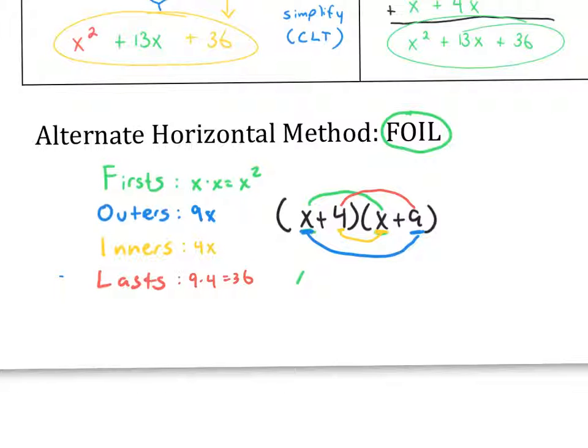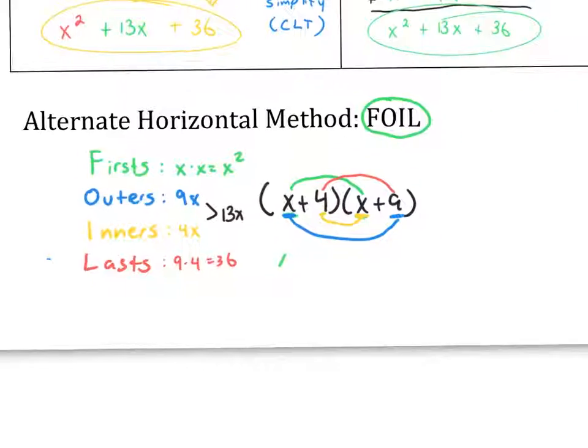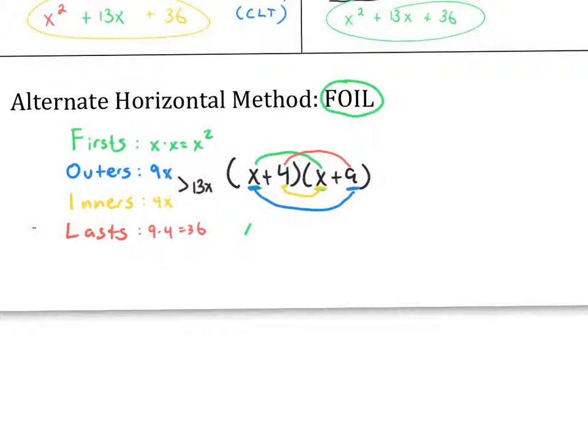Of course, we combine like terms. We see that these two combine to be a 13x. And so in the end, with all that work, we write x squared plus 13x plus 36, and that's my answer. Now, I drew these arcs here, and I did color coordinating and whatnot, but it actually doesn't matter.